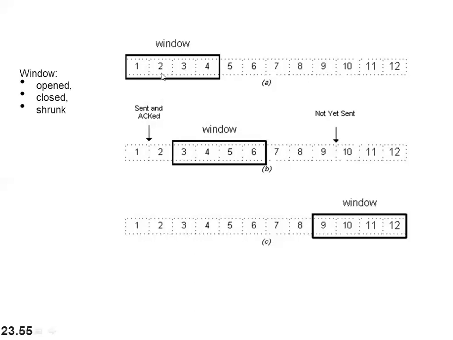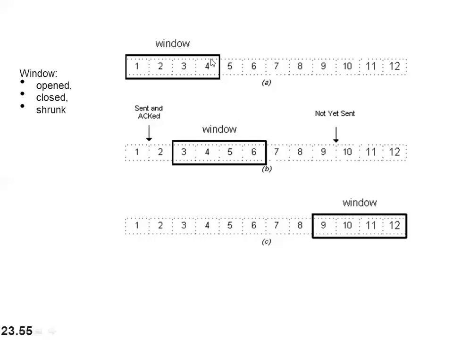How the size of the window is going to change, as I said, we will be discussing in the subsequent slides. Remember here, this is the left wall, this is the right wall, and a window at any point in time can be in any one of these modes. That is, a window can be in opened mode, it can be in closed, or it can be in shrunk. Opened is when the right wall moves towards right.